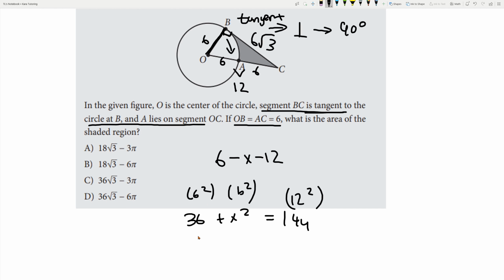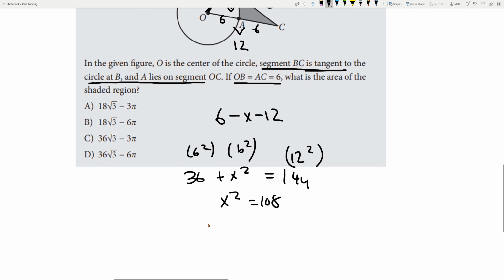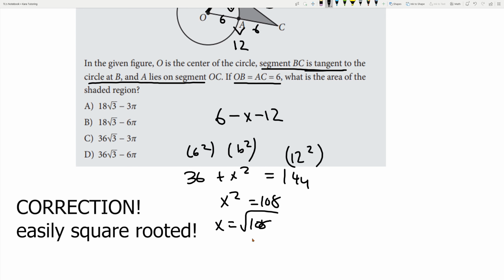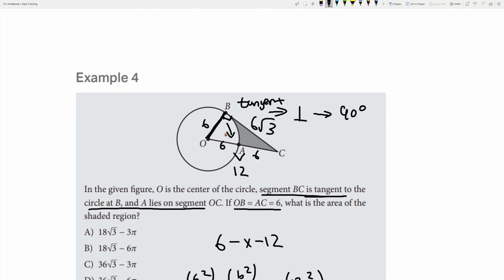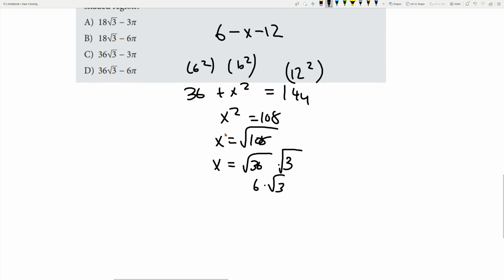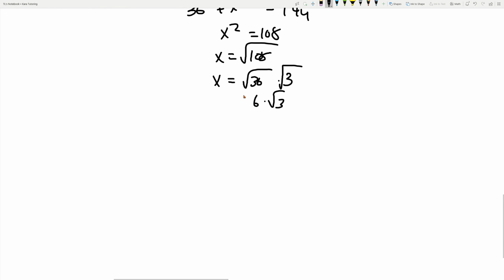So now x squared is equal to 108. Then we have to find factors that go into 108 that are easily squarable. So it's going to be 36 times 3, rad 3, sorry. And that's going to be 6 rad 3. So obviously, if you become familiar with the reference table, it'll help you a lot in these scenarios. So our side is actually 6 rad 3.